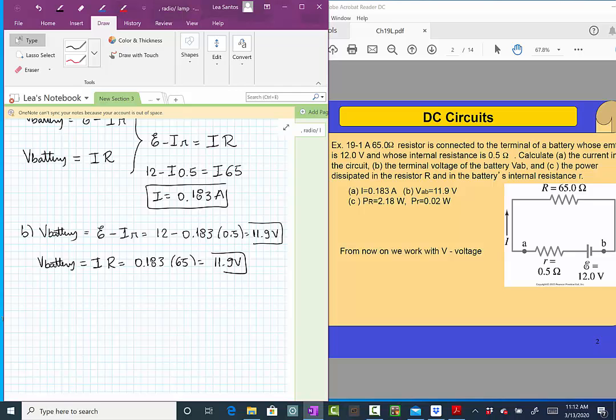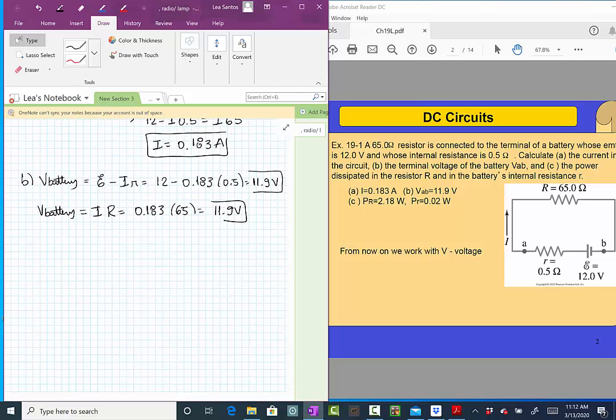Now, what is power? Power is an idea that we already learned in chapter 6, where we said that power is energy or work, as we talked about in chapter 6, divided by time. In this case of devices, we said that associated with each device, we have the power of the device.